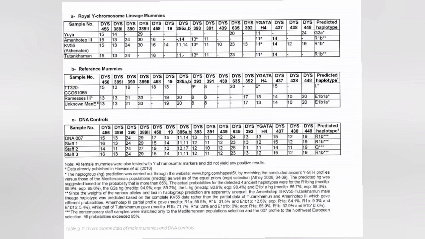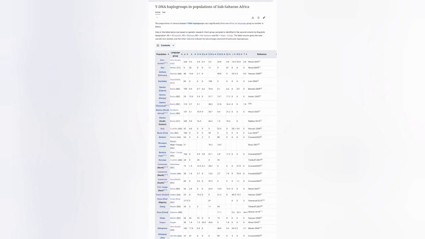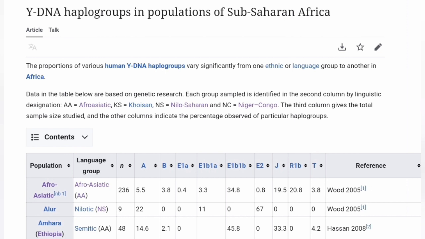Now, last time I talked about the DNA of Tutankhamun and his family and how they interpret it as Middle Eastern DNA. But now we shall look at a graph that shows that this story is not as it seems. So what we will do is we will compare the DNA that is found in these people to these sub-Saharan African clades.